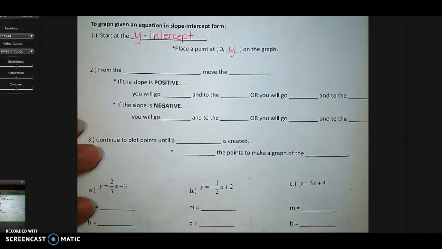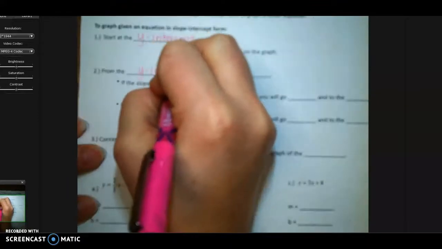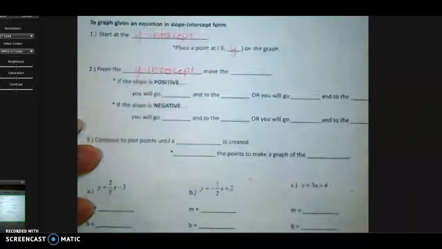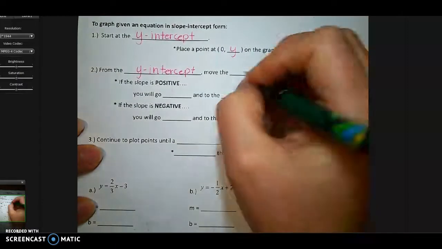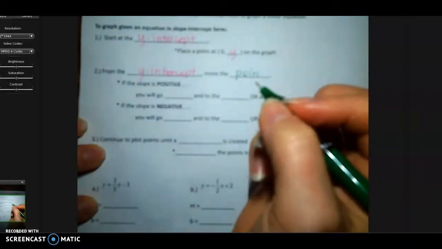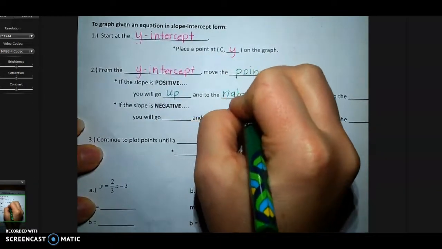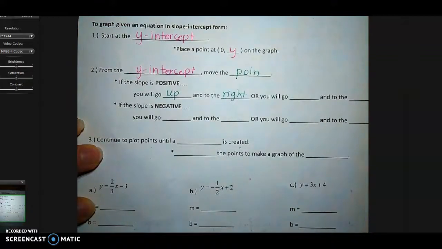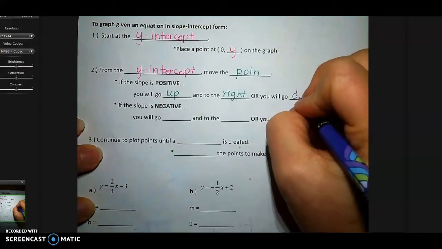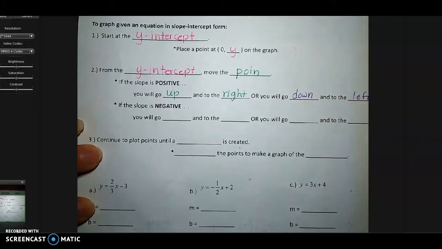And from there, we're going to go from that y-intercept, and we're going to move the point. And if the slope is positive, you will go up and to the right, or you will go down and to the left.